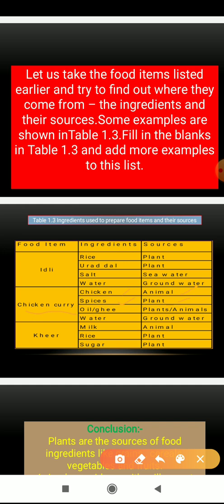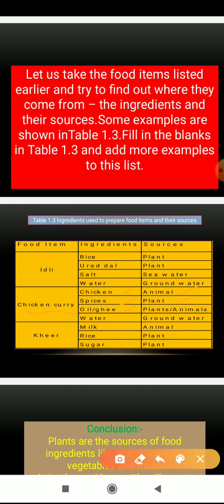The third ingredient used to prepare chicken curry is oil or ghee. Some oils come from plants and some from animals. For example, coconut oil, mustard oil, peanut oil and soybean oil come from plants.